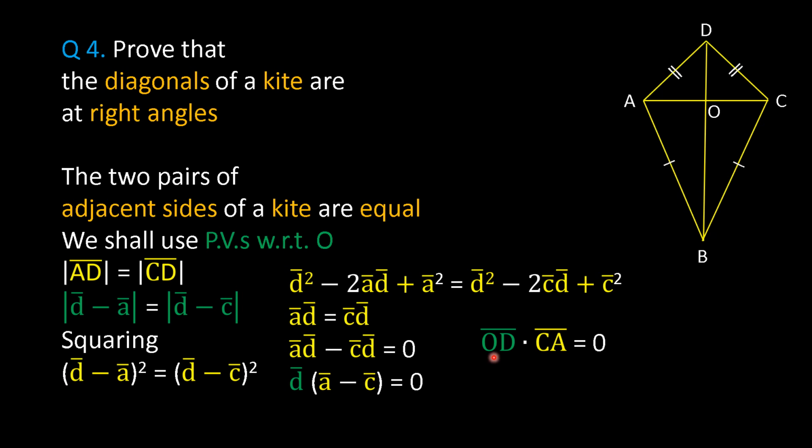Now since dot product of OD bar and CA bar is 0, we conclude that OD bar is perpendicular to CA bar, which also means OD is perpendicular to AC, which finally means diagonal BD is perpendicular to diagonal AC, and this is what we have to prove.